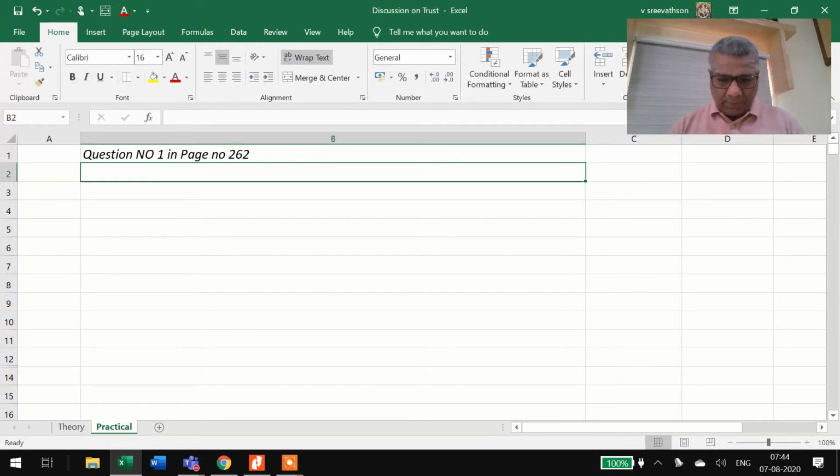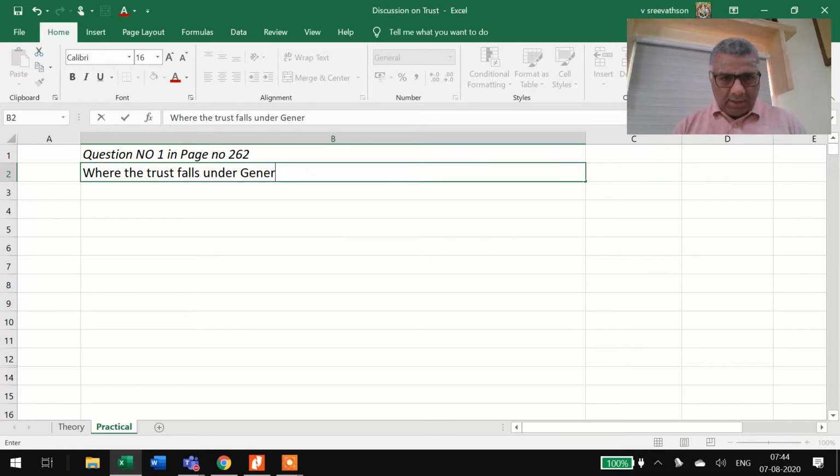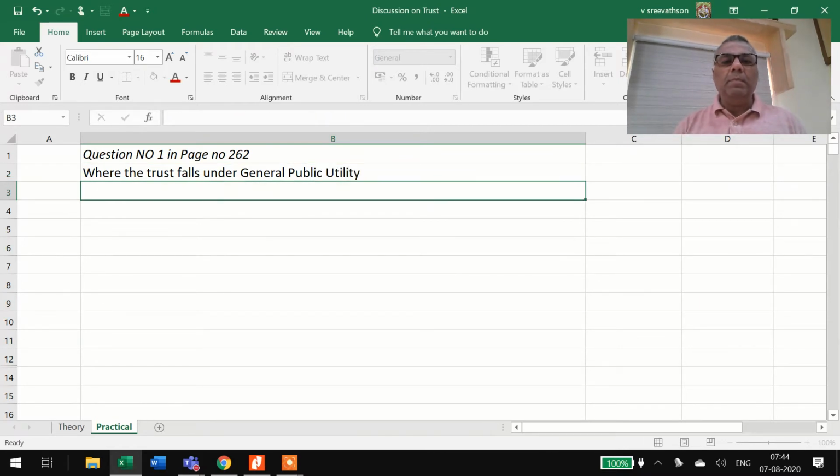As the trust falls under the category of general public utility, my dear friends, the business income should not exceed 20% of total income.